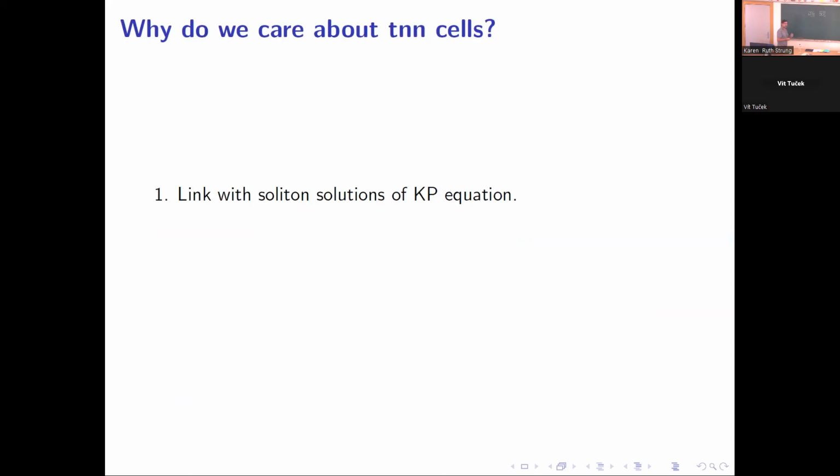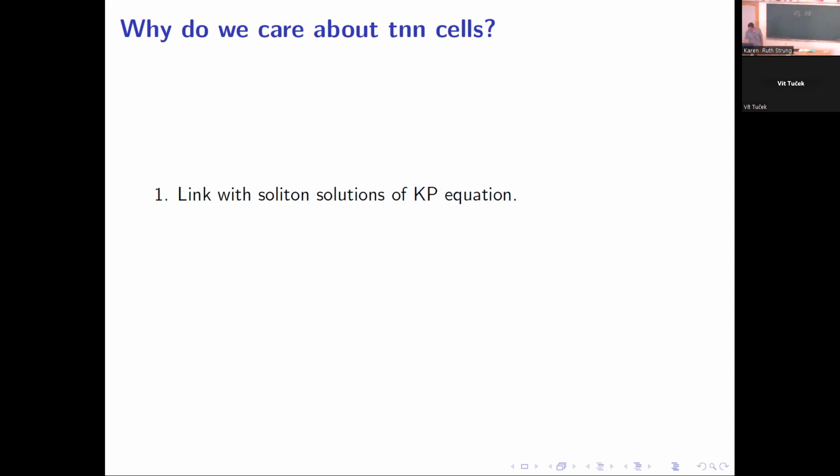So why do you care about the totally non-negative Grassmannian? Because the combinatorics of this object tend to appear in a lot of different contexts, and maybe some are more surprising than others. For instance, this also allows you to construct soliton solutions of the KP equation, something which is very much in an integrable system.